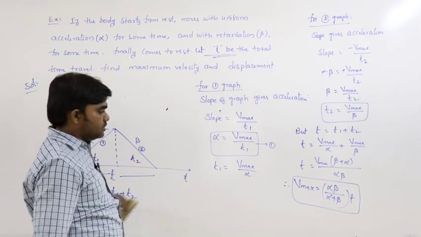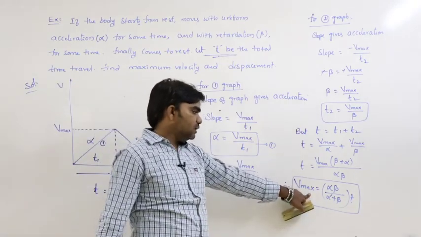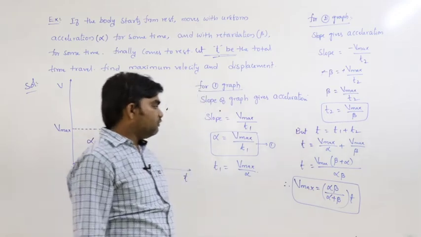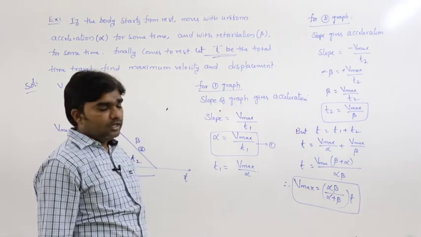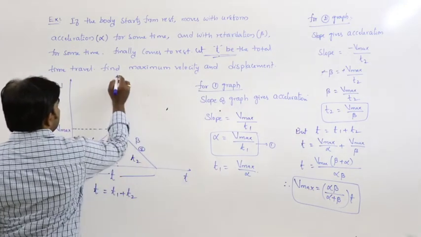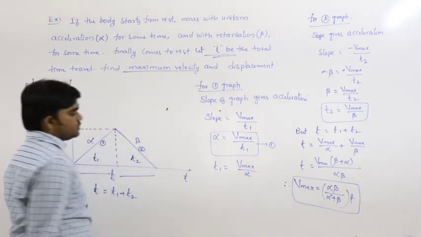Total time is t1 plus t2. So based on that we calculated v maximum equals alpha beta by alpha plus beta into t, that is the maximum velocity in this situation.